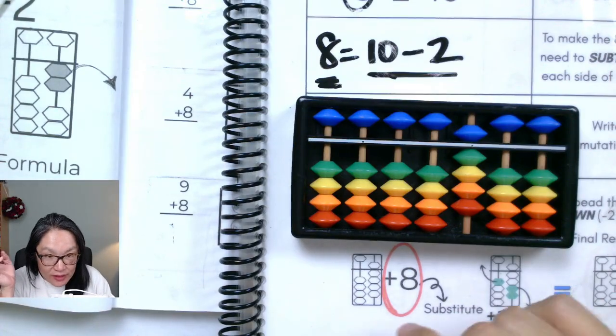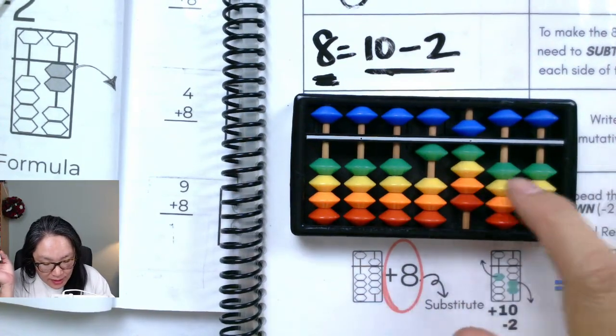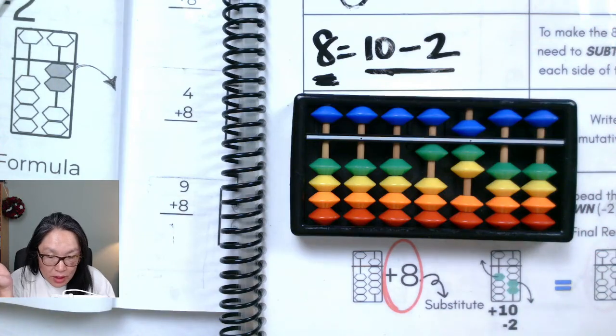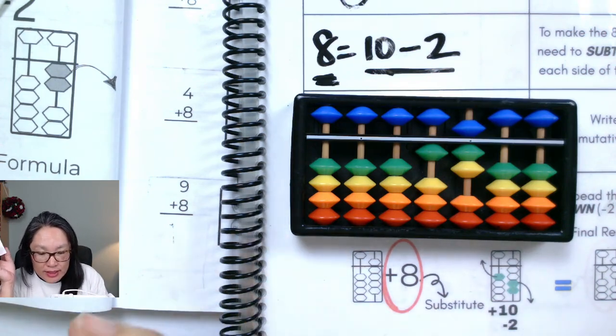So when I have a conversation, can I do it? No, I can't. So how do I do it? I have to plus the 10 minus the 2. That's the difference between mainstream math and this. In mainstream math, we're not guided to have a conversation with our questions, right? We don't say, oh, what do we need to do?